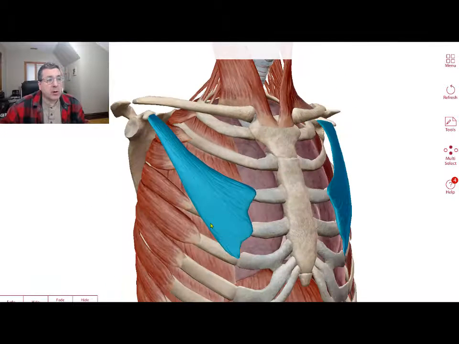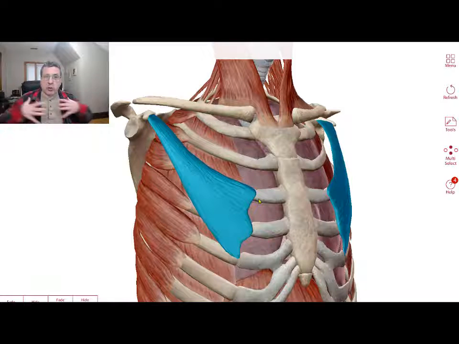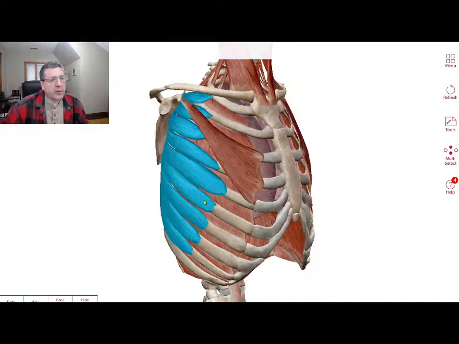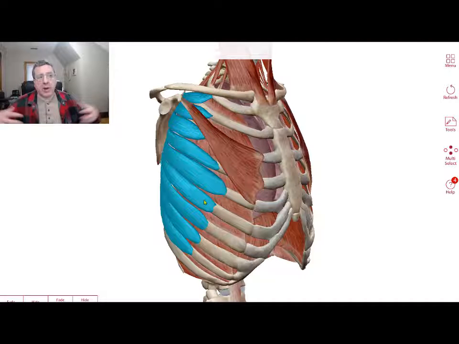Your pec minor, if this muscle contracts, it's pulling your ribs kind of in this direction. So you've got more of an A to P dimension and going a little bit lateral. So that's increasing the volume. And then the serratus anterior also does a little bit. It's pulling the ribs out as well, more of a lateral dimension. So that's going to be forced inspiration.